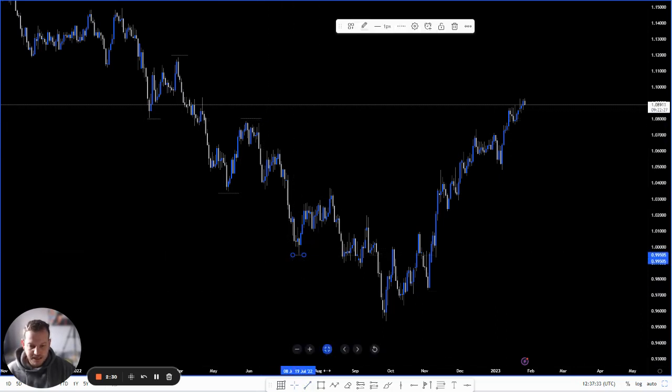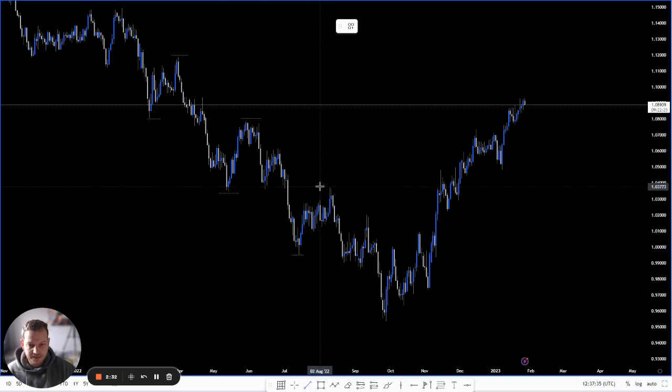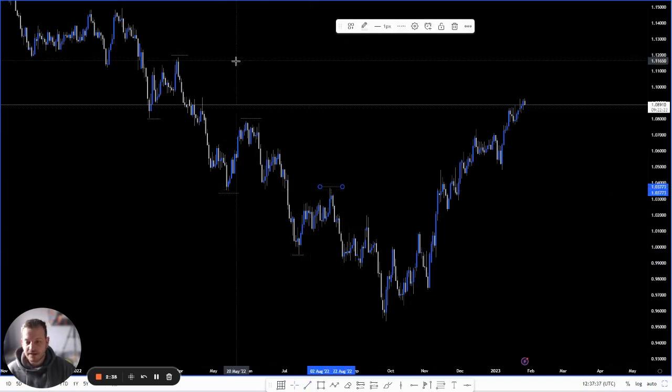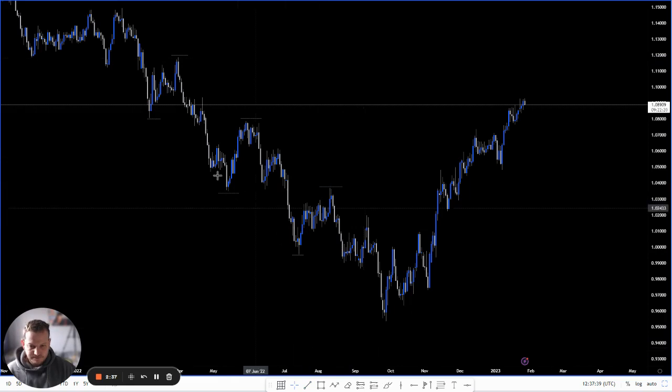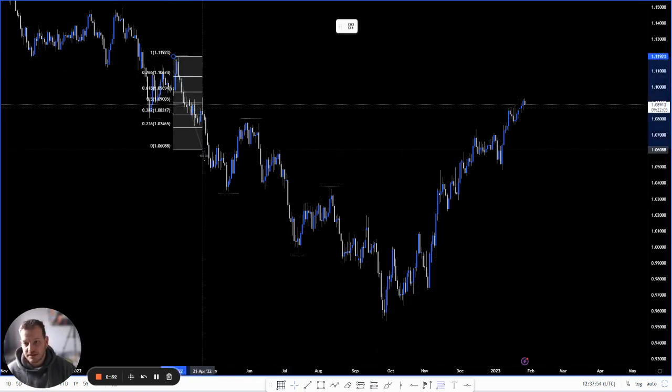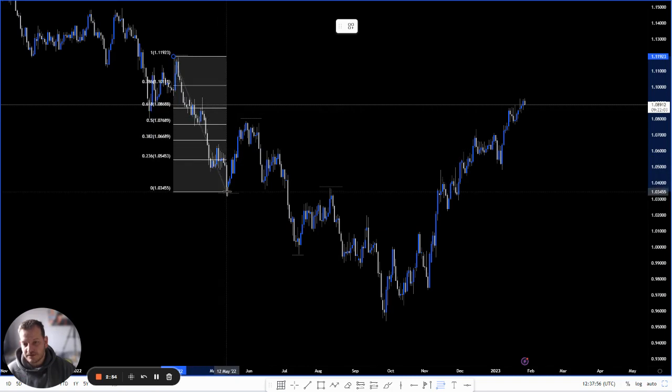Not every pair looks like this, to be fair, but if it's not clear, don't enter. So there's your swing points. You grab the fib. Obviously, if you're looking at a buy market, you go the opposite. So you go from the start of it to the end of it.